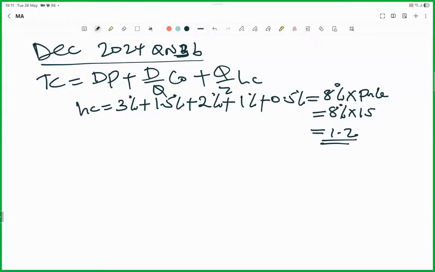Now, what is the total cost given? Are you able to see the current annual total inventory cost? What is it here, somebody? That is total cost equals DP. We don't know D, but the price, do you know how much it is? It's 15, isn't it? Plus D, we don't know.